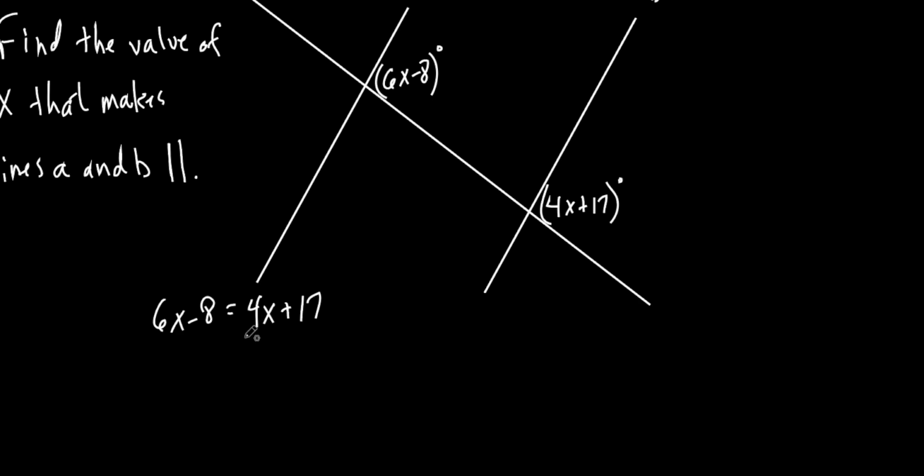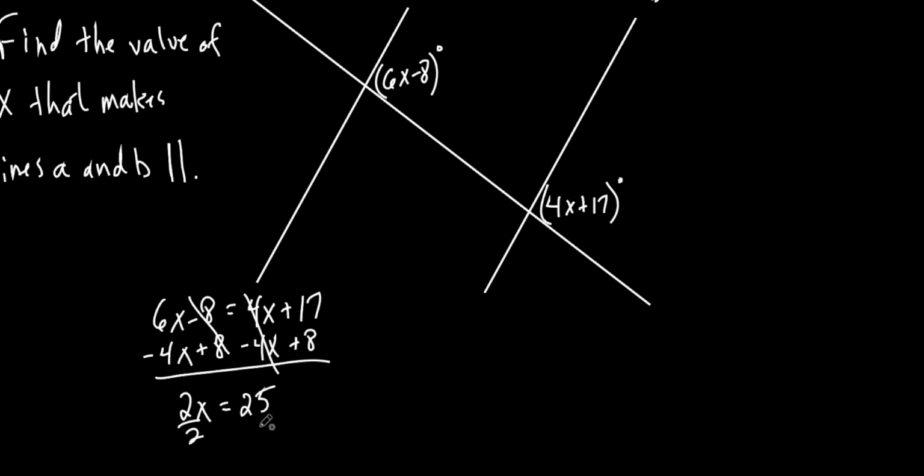So in this situation, I'm going to have to subtract a 4x from both sides if I want to put it on the left. And in the same step, let's get rid of that 8. How do I get rid of a minus 8? I add an 8. What cancels? The 8's cancel, the 4x's cancel. 6x minus 4x is 2x equals, what's that, 25? Divide both sides by 2, and that's your x right there.